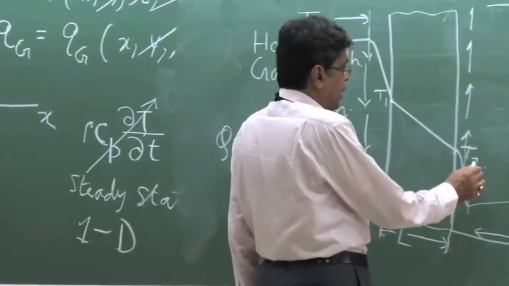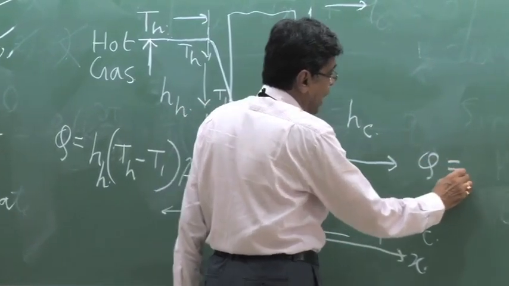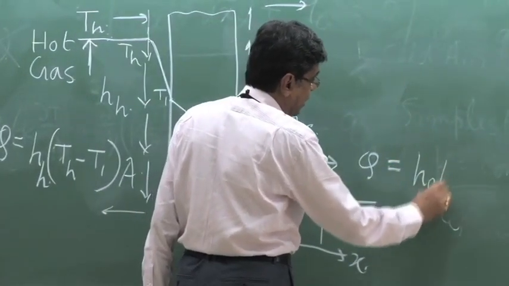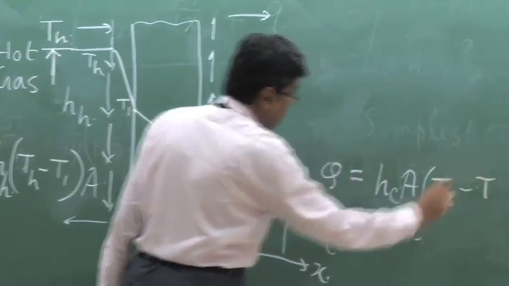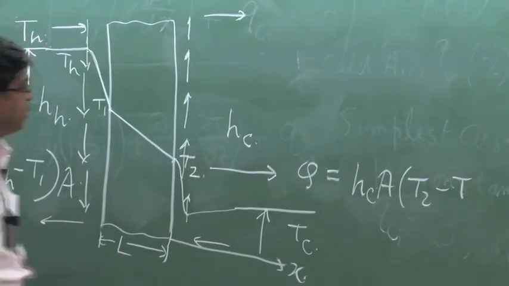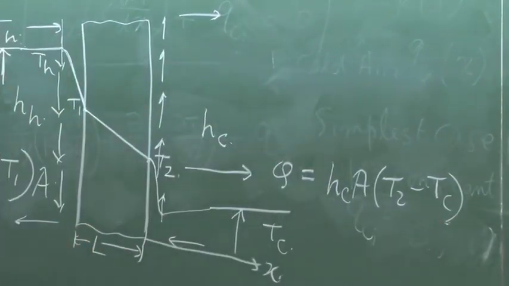Now the heat which is going out from here is similarly HC times area times T2 minus TC. The same heat.